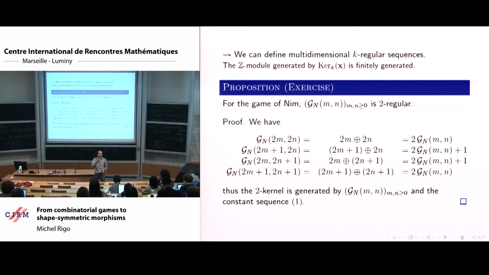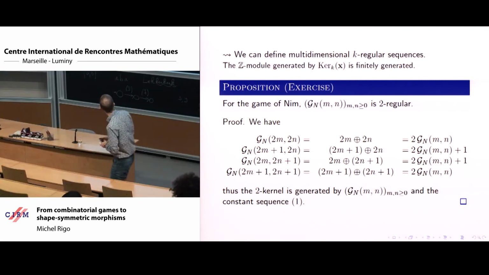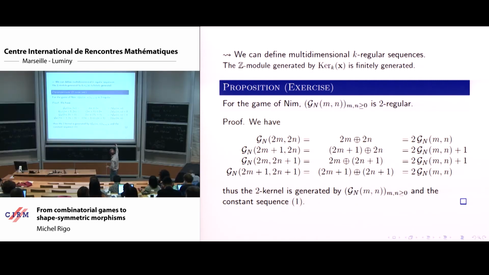With only these four relations, any element of the kernel will be a linear combination with coefficients in Z of the sequence g(m,n) and the constant sequence, which is always 1 wherever I want. I will convince you just on an example.